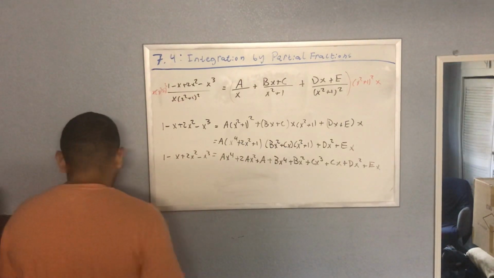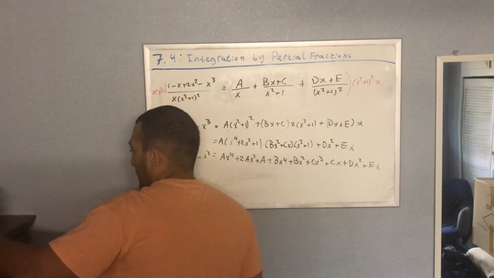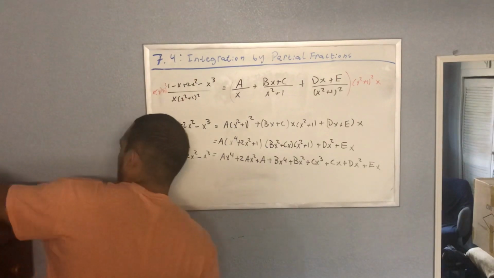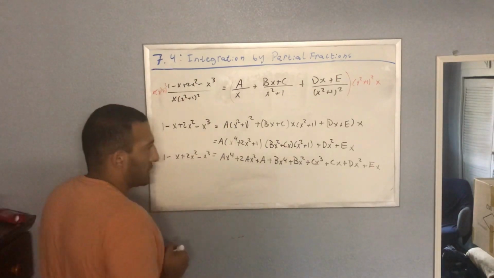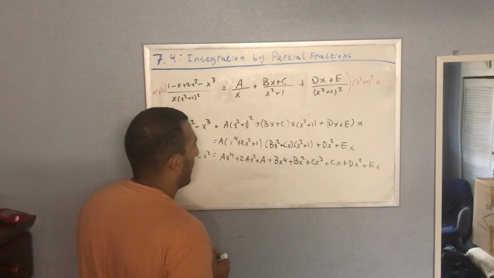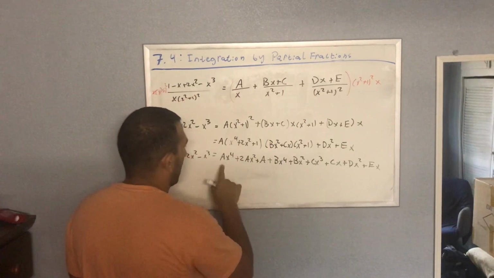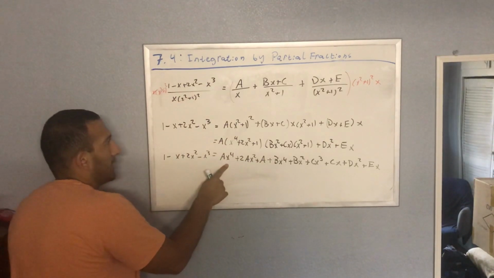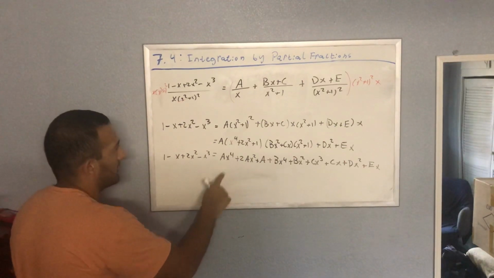So we have this. Now we need to start grouping things with the same powers together, just like we did last time. Okay, so there's only one thing with an x to the 4th in it right here. See, nothing else has an x to the 4th here, does it?